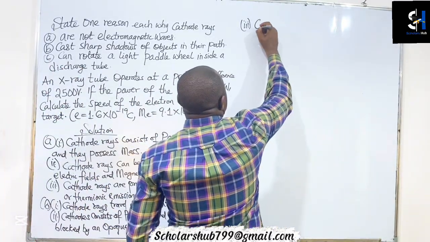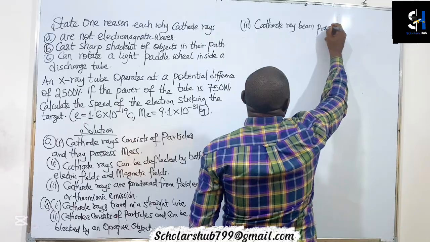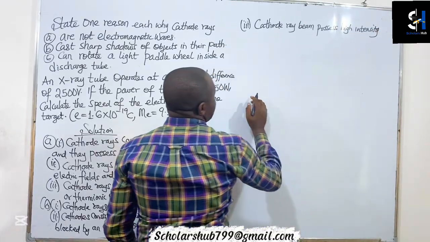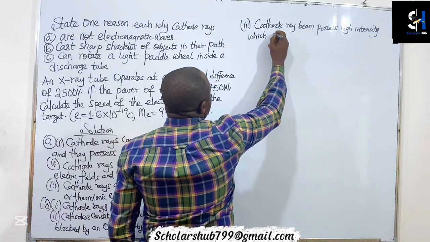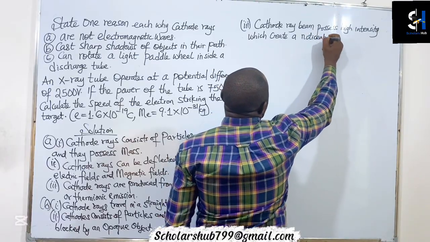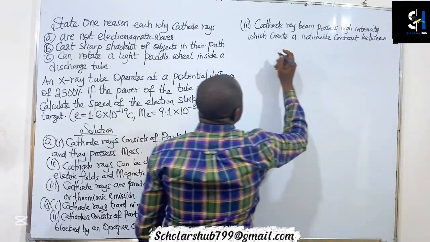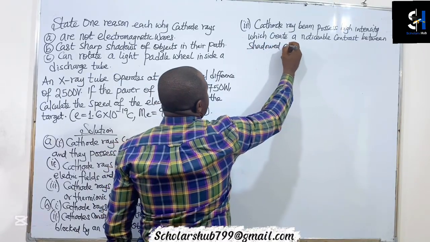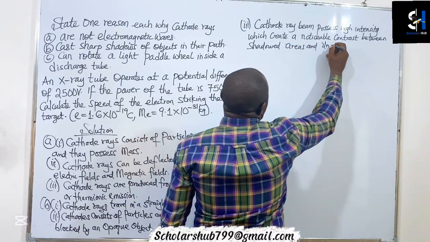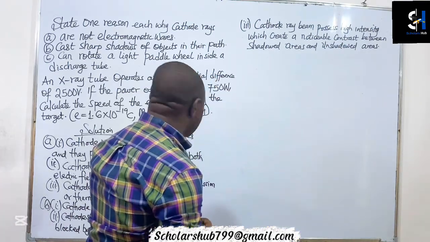That is, the cathode ray beam possesses high intensity, which creates a noticeable contrast between shadowed areas and unshadowed areas. Okay, so that's Roman numeral 3.